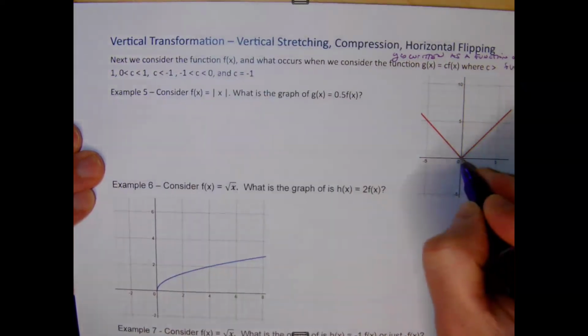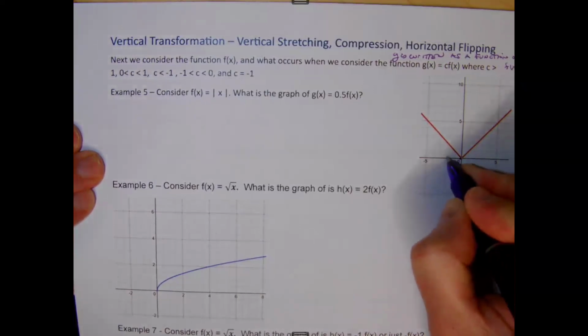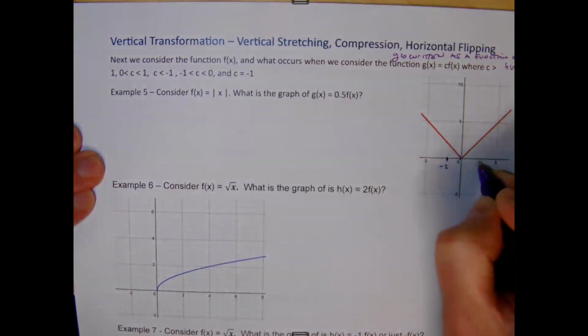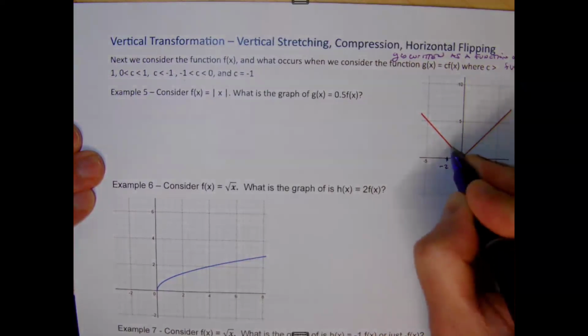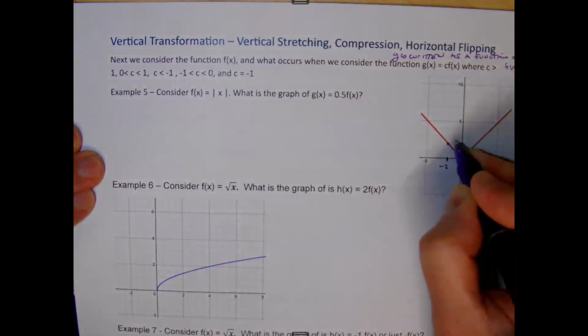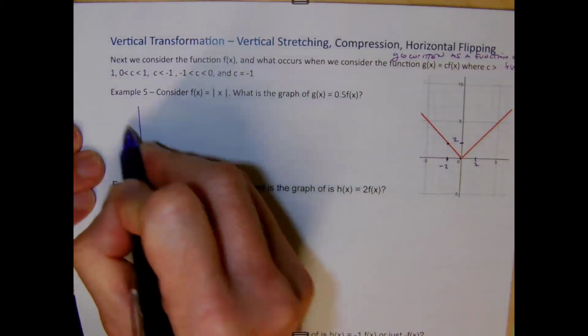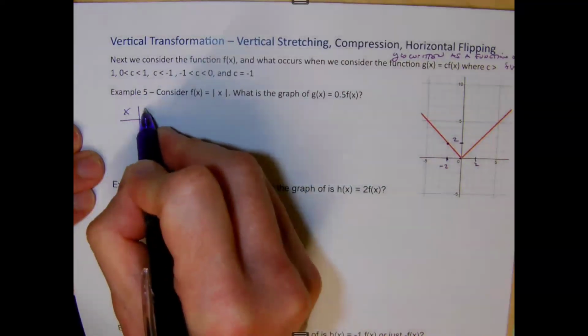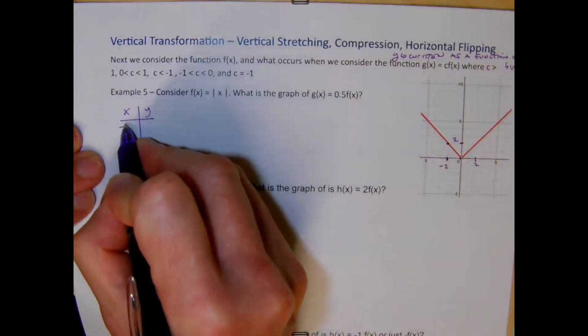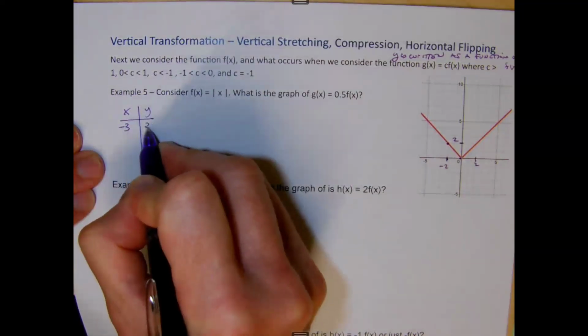So if you recall, let's get a few points here. This is -2. Here is 2. And that produced, in both cases, a 2. So then doing this is pretty straightforward for this graph. The absolute value of -3 is 3.